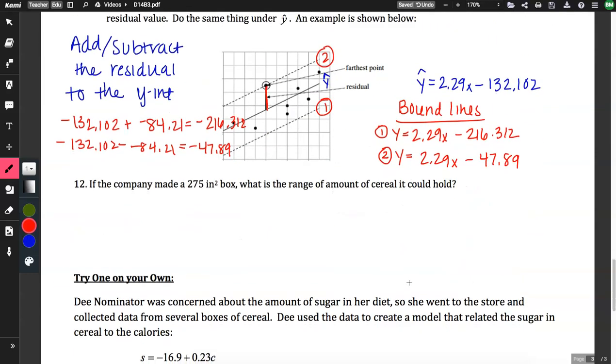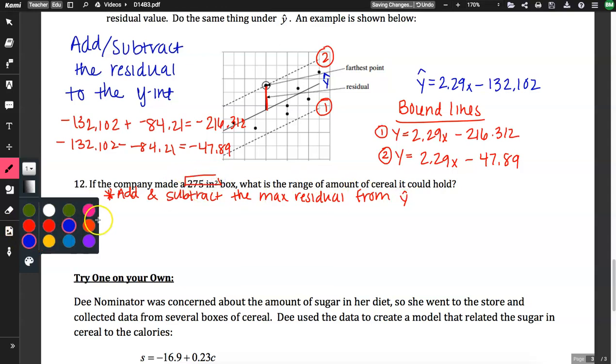So, last question here. If the company made a 275 inch box, what is the range of the amount of cereal it could hold? To figure out the range, we're going to do the same thing. We're going to add and subtract the max residual from the y hat value for this amount.